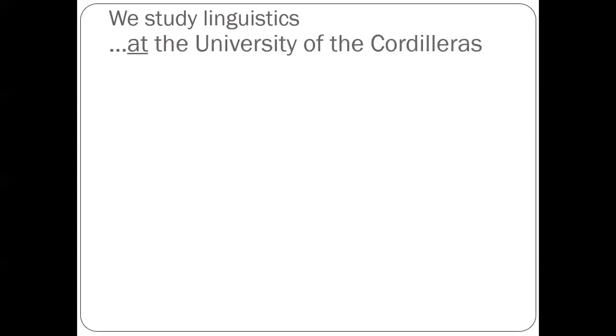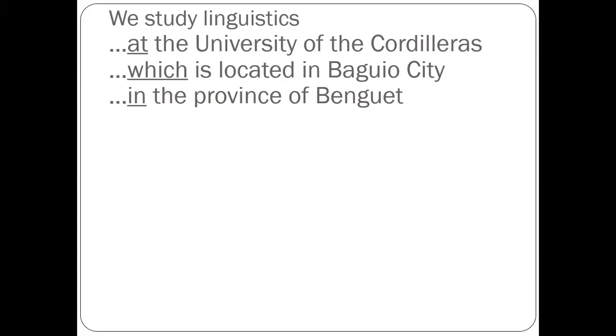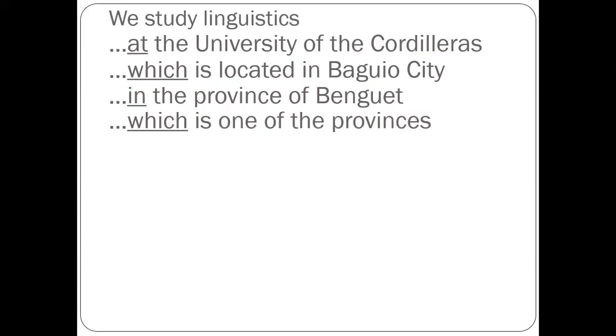We study linguistics at the University of the Cordilleras, which is now what we call a discourse marker. That is another adjunct, which is located in Baguio City in the province of Benguet. So in, of course, is another preposition, which is one of the provinces.